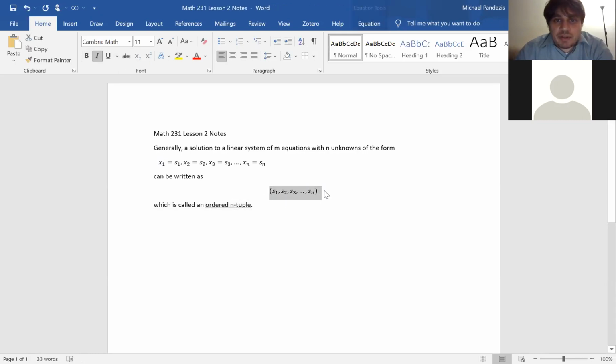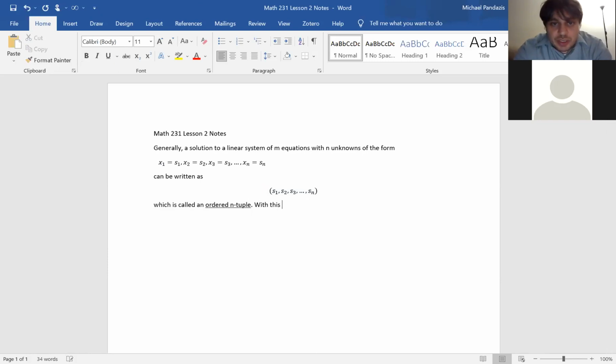Okay, so this is an example of an ordered n tuple. With this notation, it is understood that all variables appear in the same order in each equation.